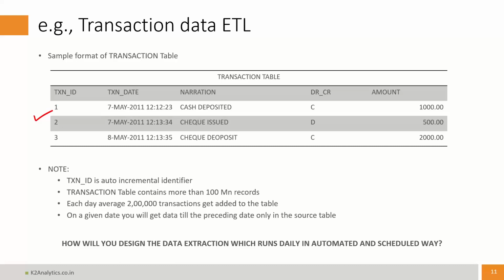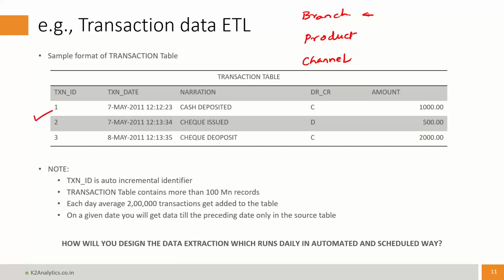Now, as a business user, say a branch or a product owner or a channel owner, what is the granularity at which they want to see the report?